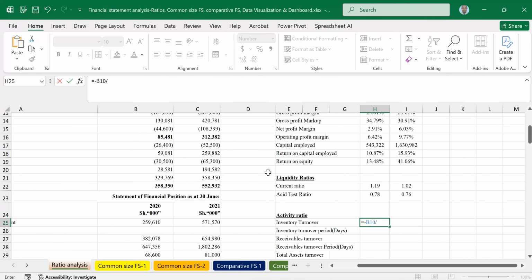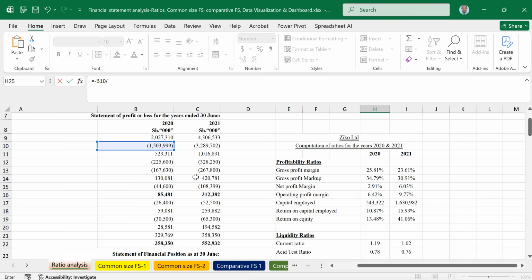Over, then open bracket, over average inventory. But for the first period, there is no average inventory because it's 2020. For you to get average, you need 2021. So that will just be equal sign negative over, remove the brackets, divide that with inventory.